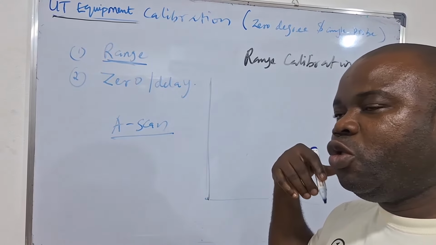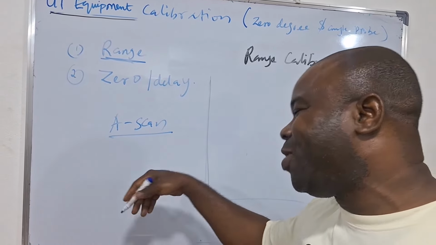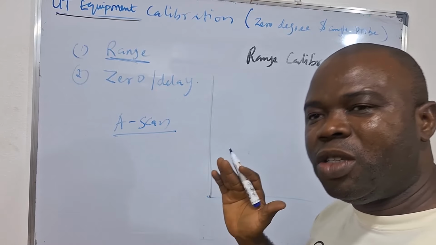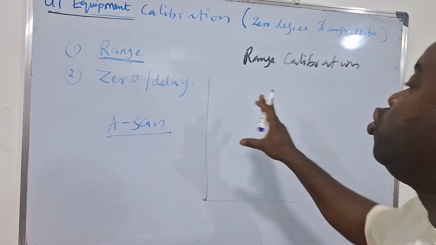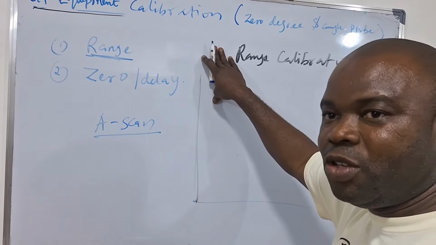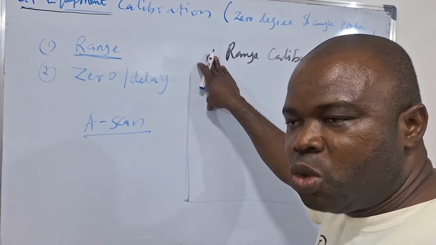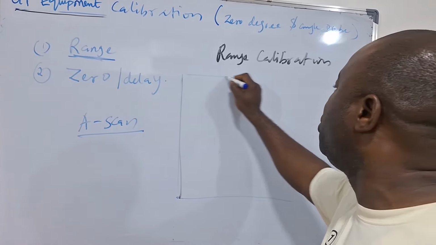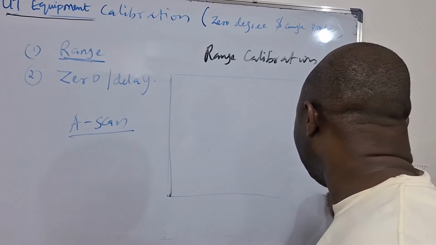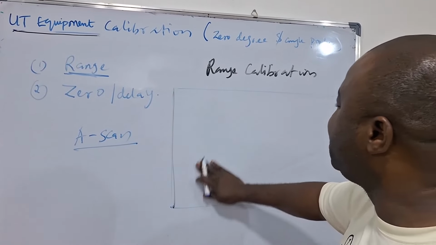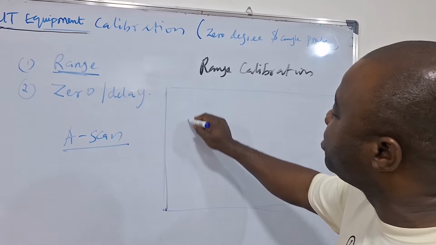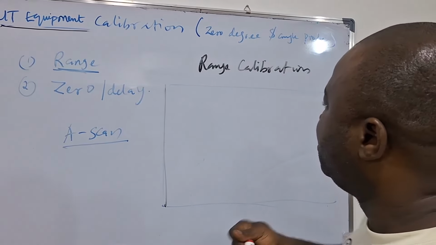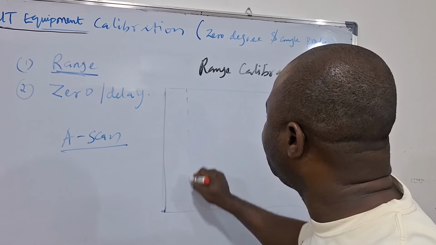Normally, thickness gauges, like your dimeter, your signals, and all that, are not flaw detectors, and you cannot use them in this sense when you talk about calibration. So they don't apply. You are doing this calibration using a UT machine that has an A scan. And if the UT machine has an A scan, it will have a screen division, which we call the graticules. The graticules. So you have something like this.